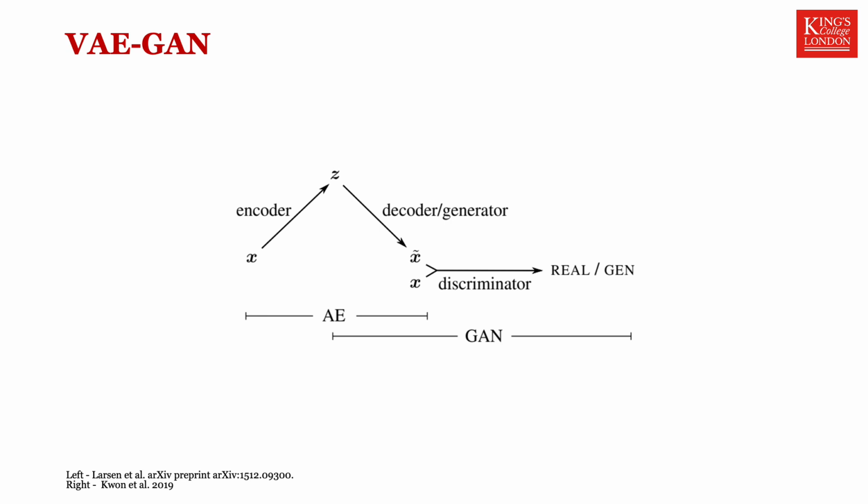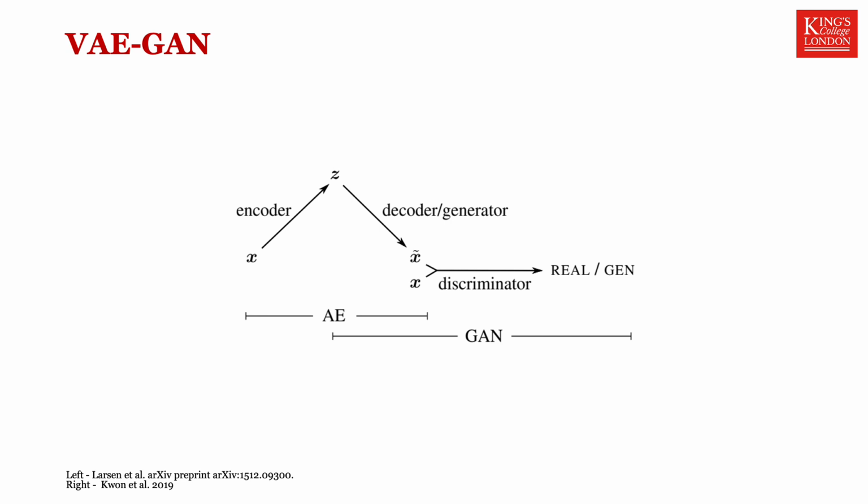You can now start using the same concept, the adversarial concept, in other settings. For example, if you have a variational autoencoder, we're taking an image, projecting it to the space of Z, and then getting an X tilde back. So we're putting it through an encoder and a decoder. That part is what you would normally have in an autoencoder or variational autoencoder.